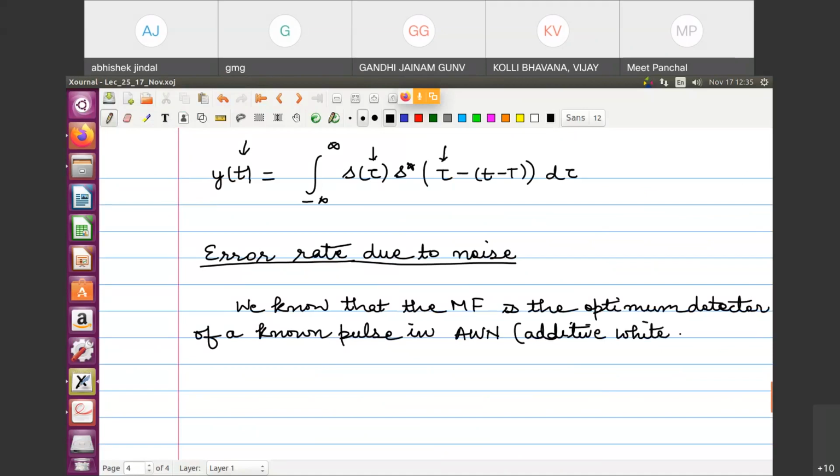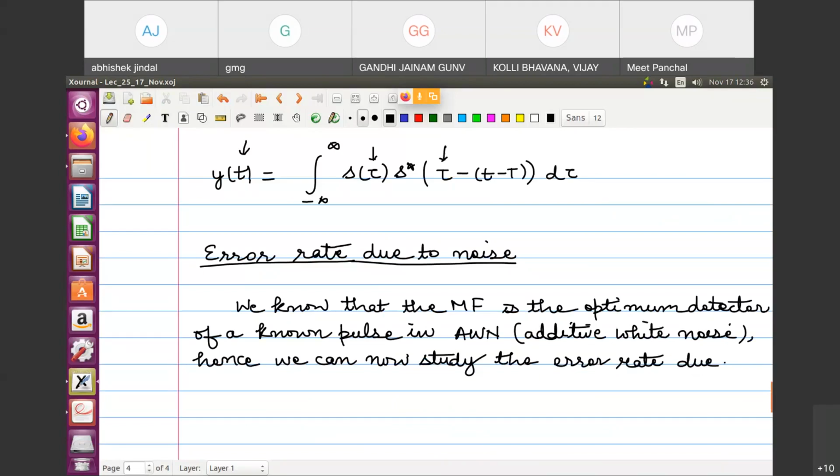Hence we can now study the error rate due to noise in a binary PCM system.